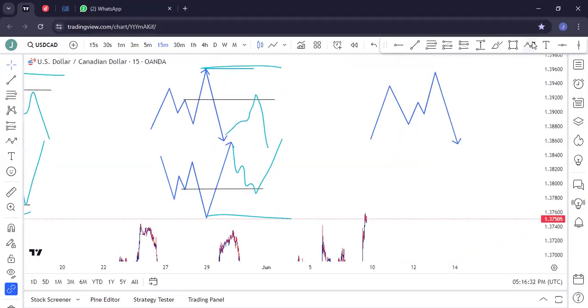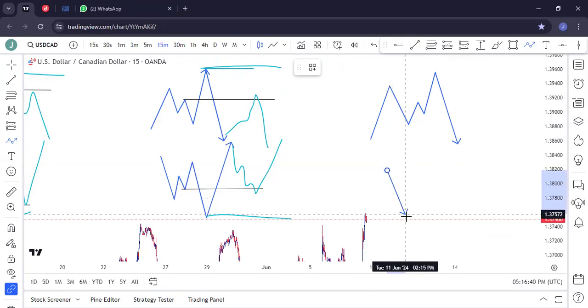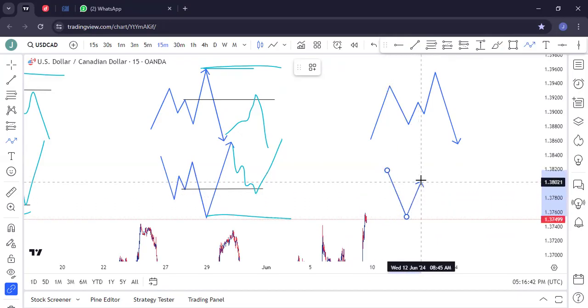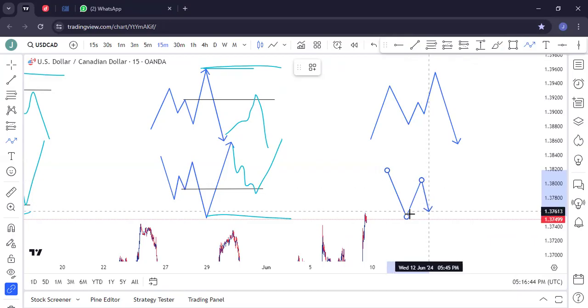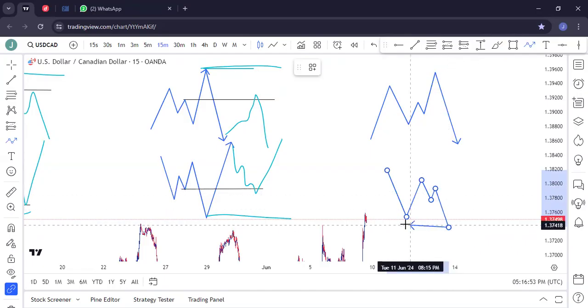The same applies in the bullish and bearish market structure, where the market creates the low, then creates the high. Before coming to break this structure, the market creates a small trend like this, then the market breaks the structure.